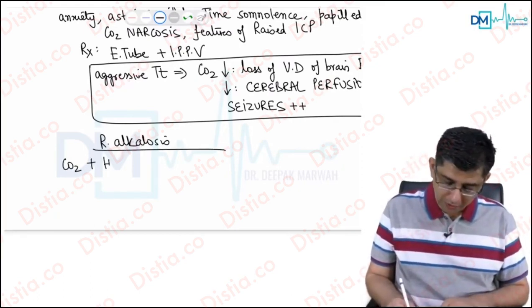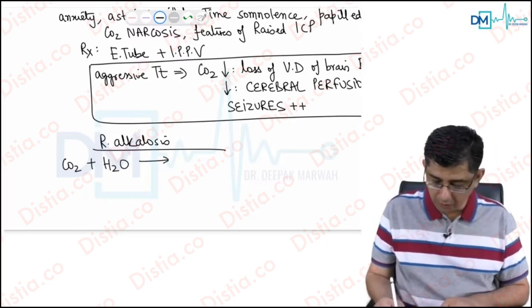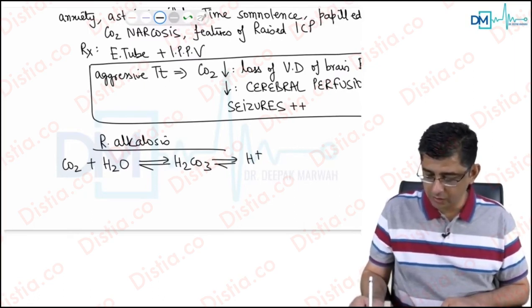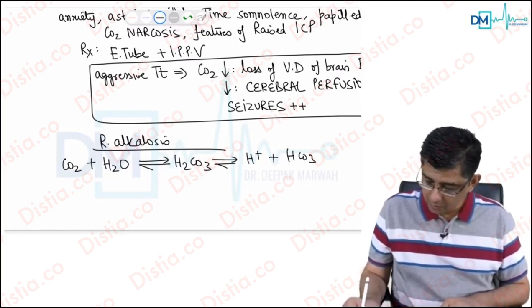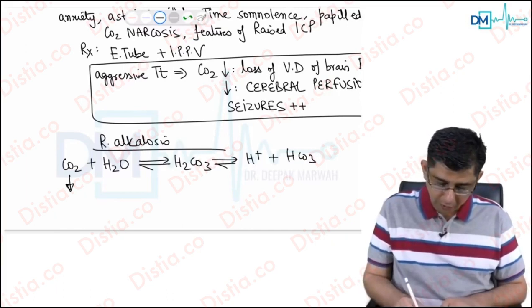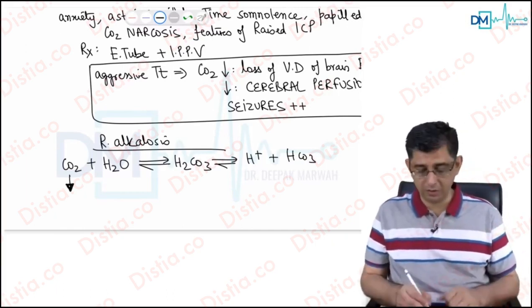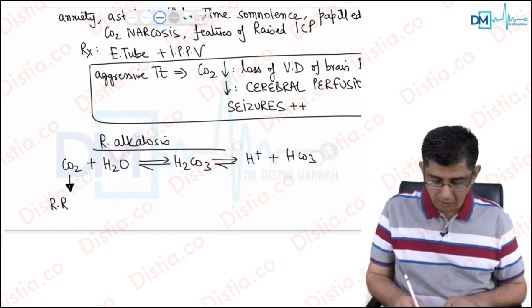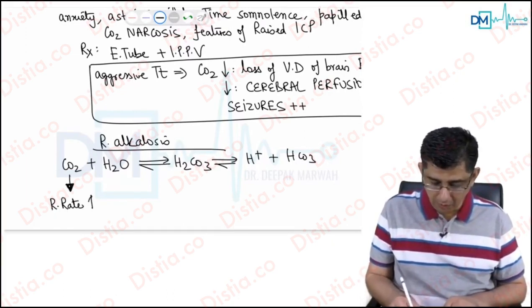You all know from basic sciences that carbon dioxide will combine with water to produce H2CO3 that will break down to form hydrogen ions and bicarb. If you have carbon dioxide washout from the body, why? Because the patient is exhibiting hyperventilation. This guy is like a mountaineer.